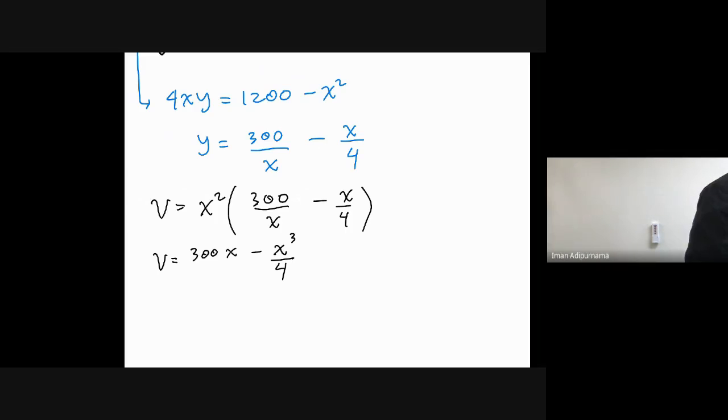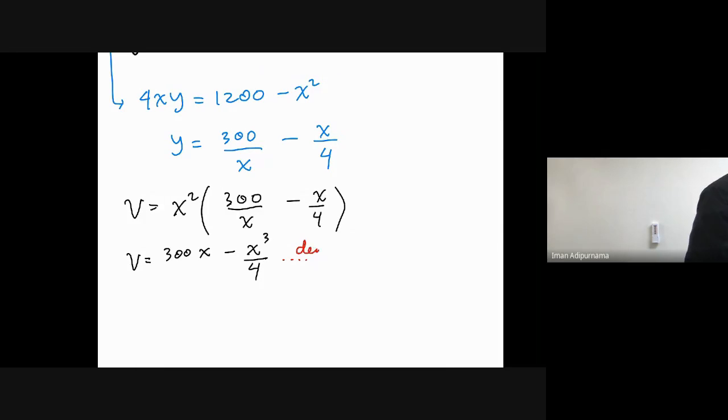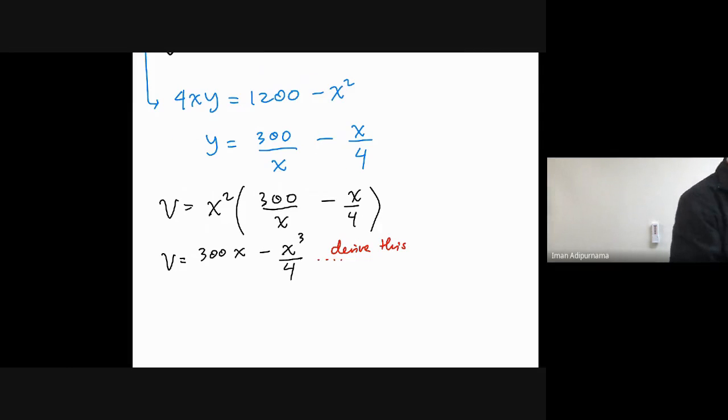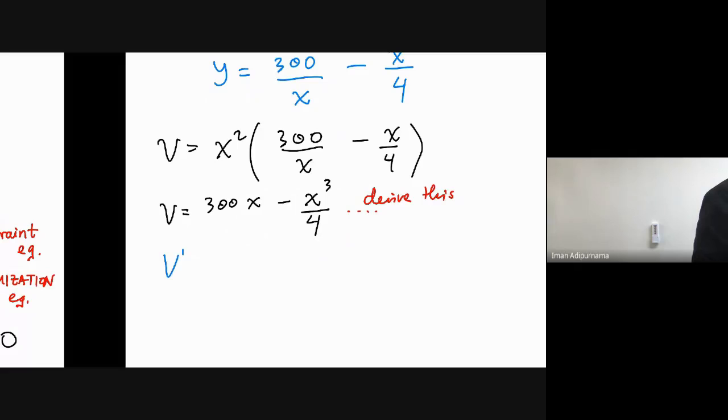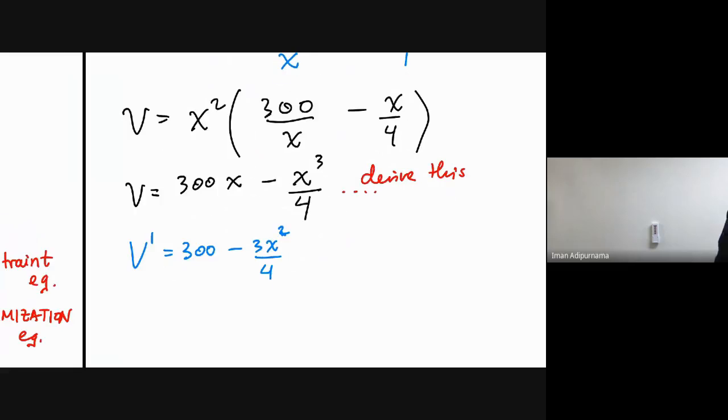So the idea is to derive this. Let's derive and become V prime, just derive with respect to x. So 300, and then make it 0 to find our critical point.